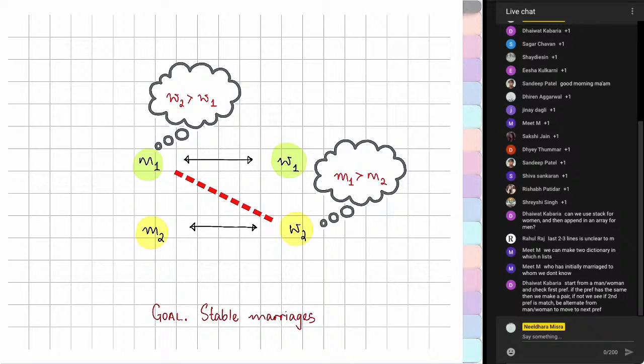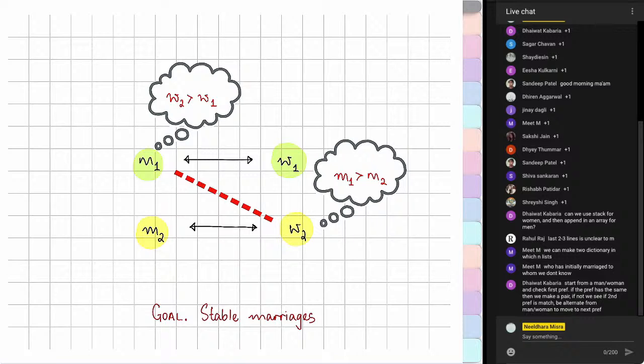That is to say, he prefers another person over his current partner. And if we go to that person, then we see that she also happens to prefer M1 over M2, which is to say that she reciprocates in thinking that M1 is better than her current partner. Then this is not a stable marriage, because in this case, M1 and W2 are very likely to get together, breaking their current marriages, speaking purely in terms of preferences.